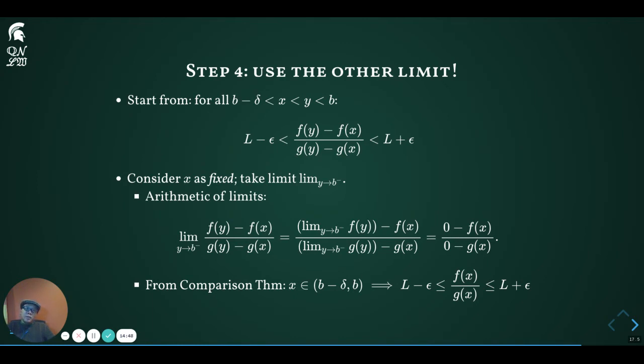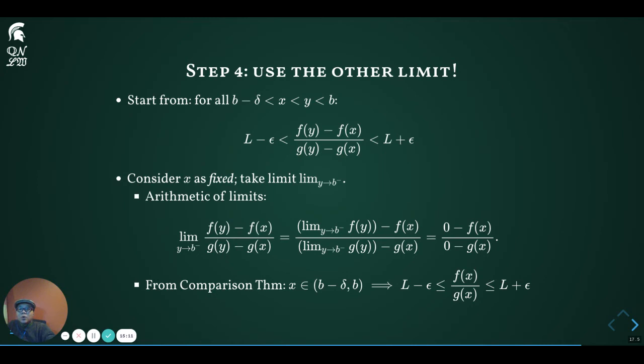On the other hand, by using the comparison theorem for function limits, since the terms of the ratio are always between L minus epsilon and L plus epsilon, this means that the limit must be between L minus epsilon and L plus epsilon also.